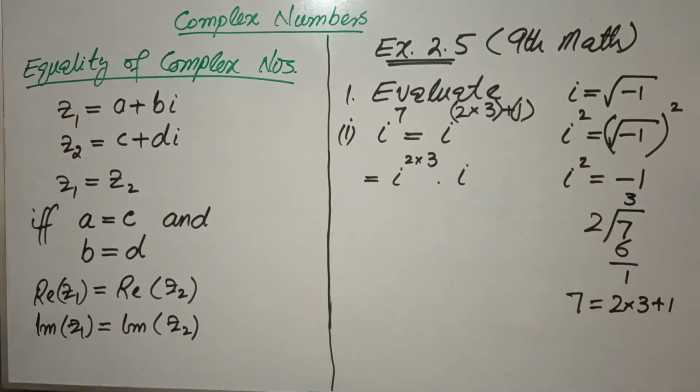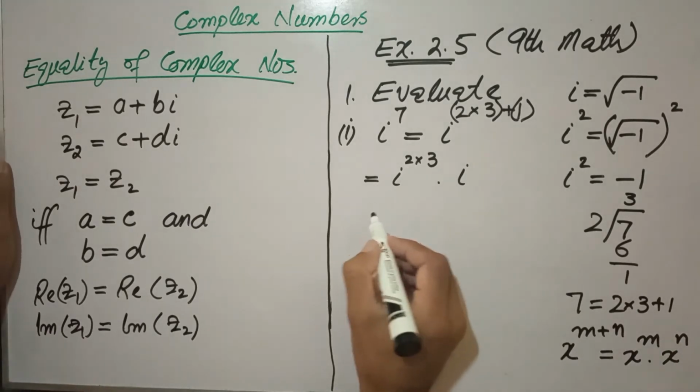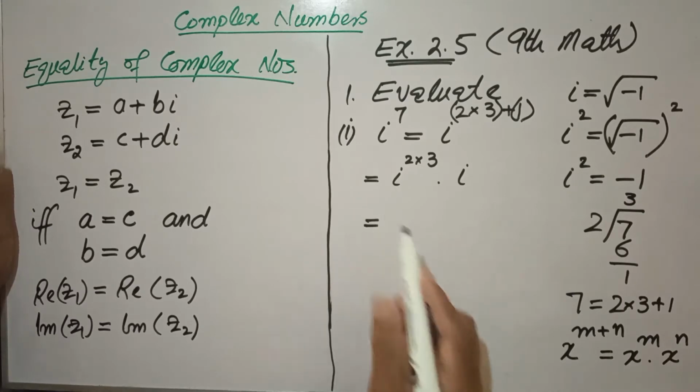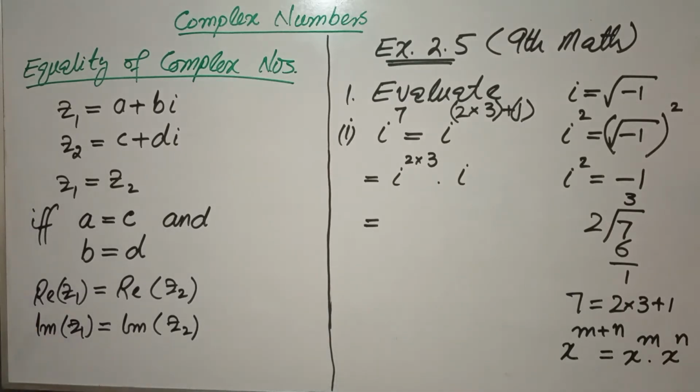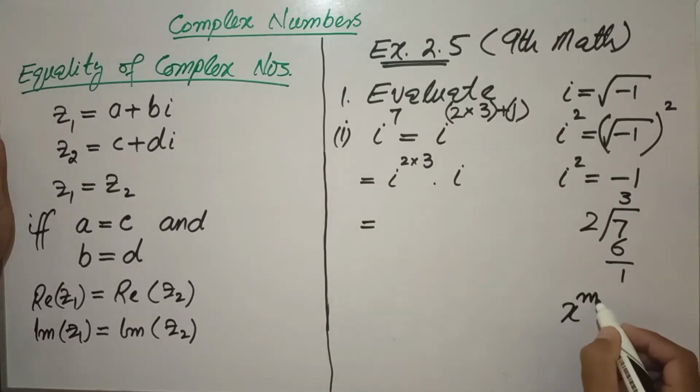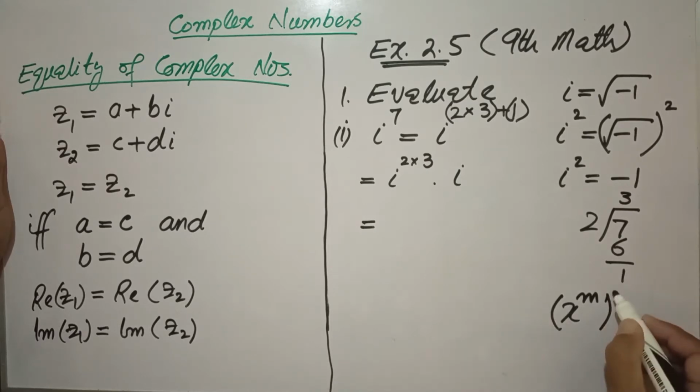We have used the property that x to the power m plus n can be written as x^m into x^n. Now again using another property, x^m whole power n can be written as x^(m into n).